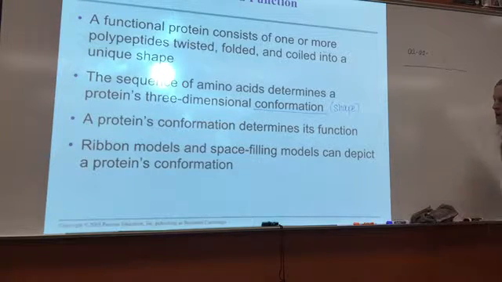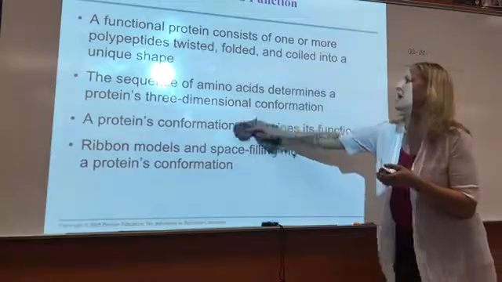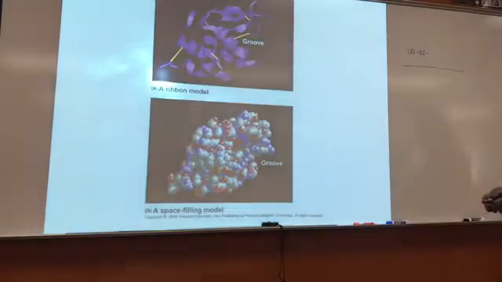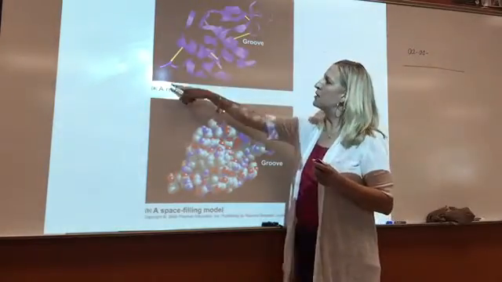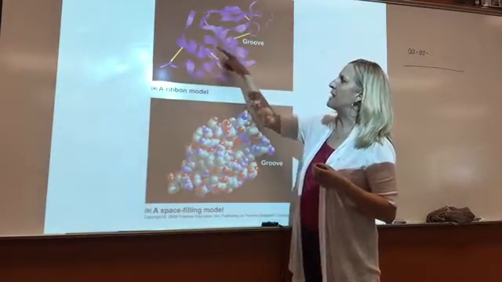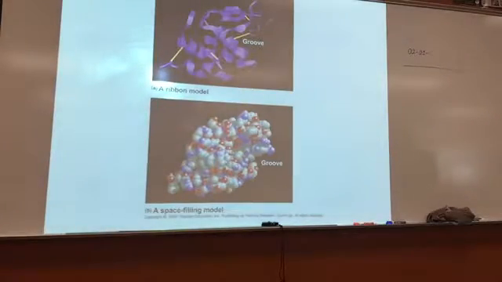And what I tried to draw with the enzyme was like a ribbon model, but there are different ways that biologists try to show a protein shape, and these are two examples here. So here's the ribbon model where the ribbon is like that chain of amino acids that I kind of drew with the enzyme example.